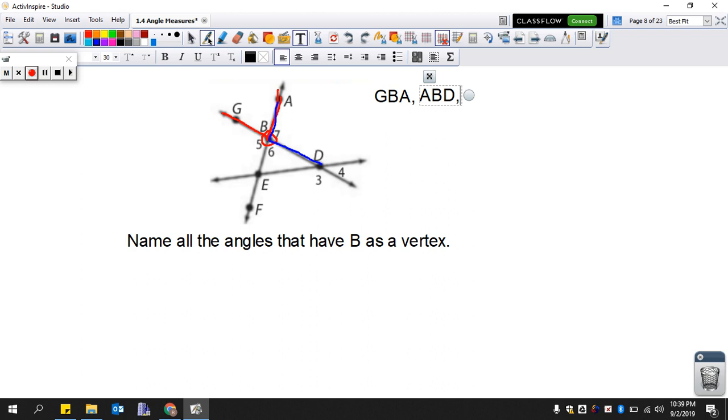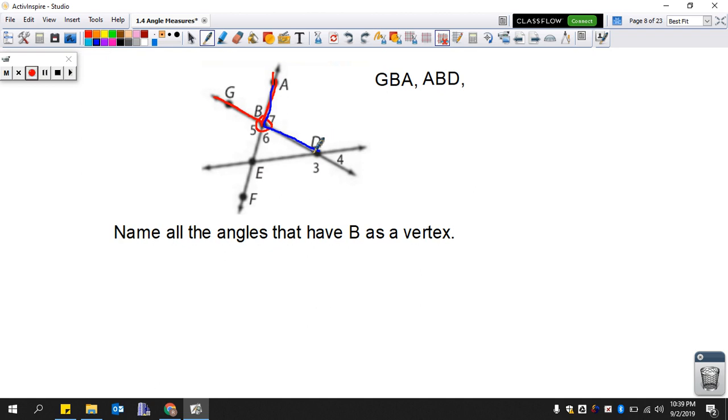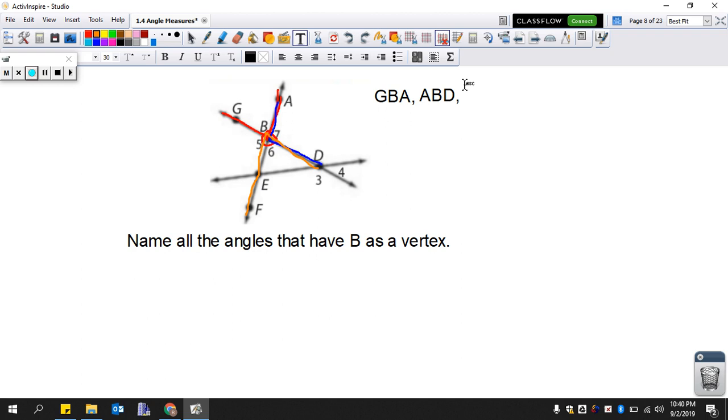We have DBE. And it's also important to notice that this also extends on out to F. So we can name that as well as DBE and DBF.